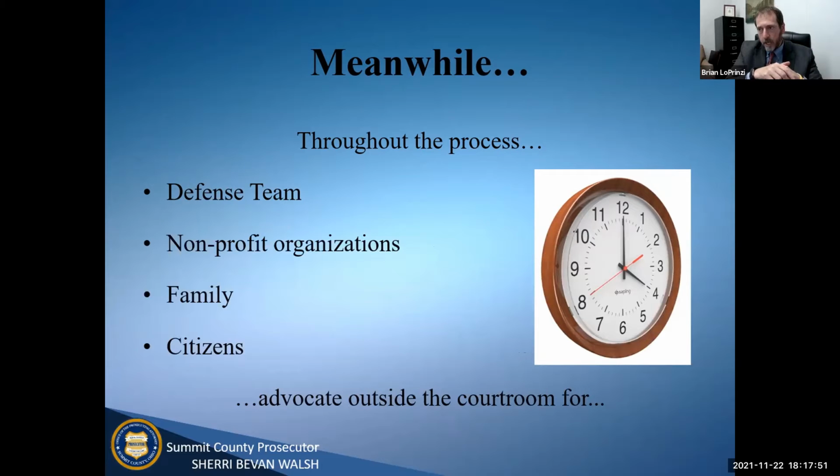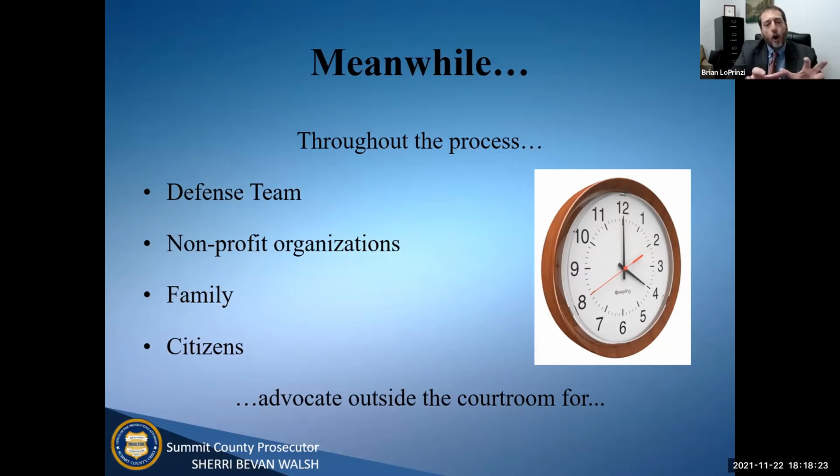However, during that whole process, the defendant's attorneys, nonprofit organizations like the Innocence Project, family members of the defendant, and citizens. And as we all know, Kim Kardashian has become very involved in criminal cases and speaking out for people she believes to be innocent of the crimes that they've been convicted of.